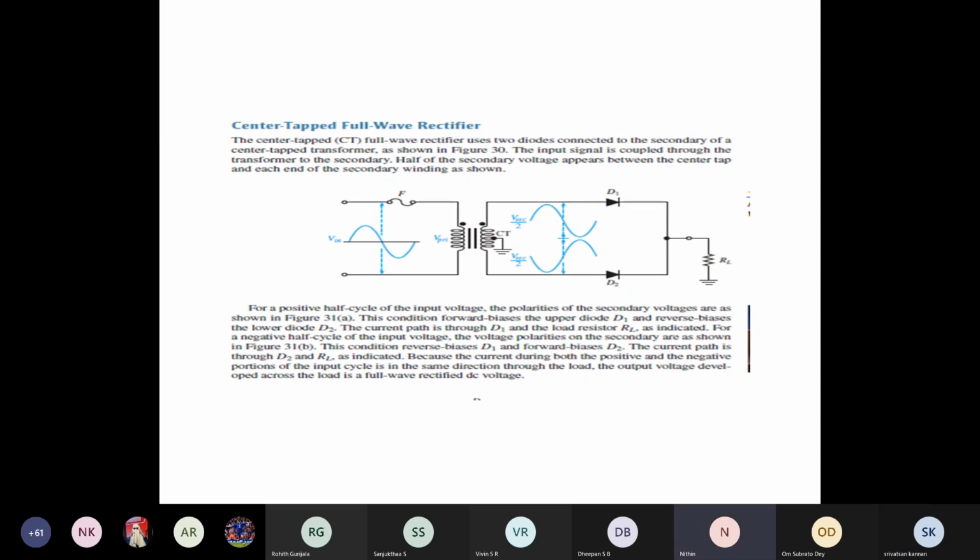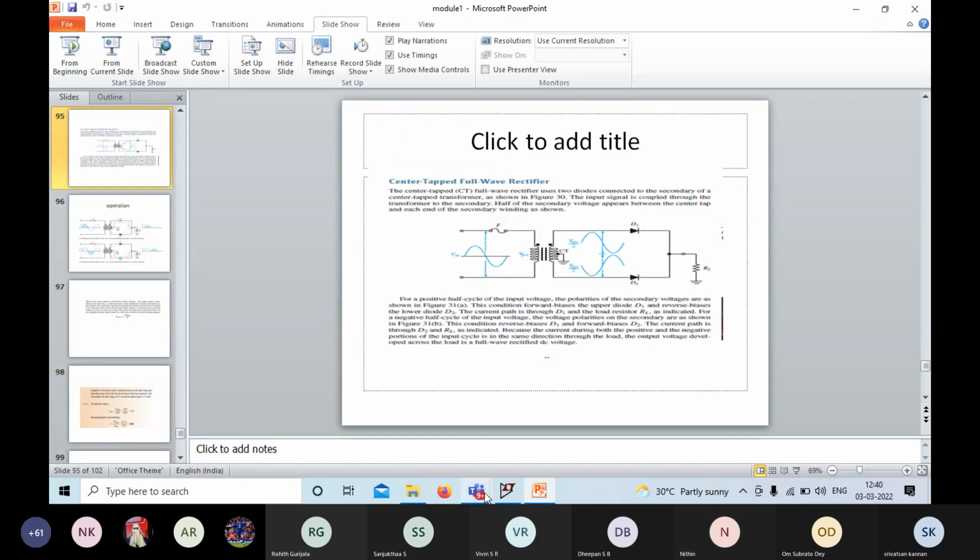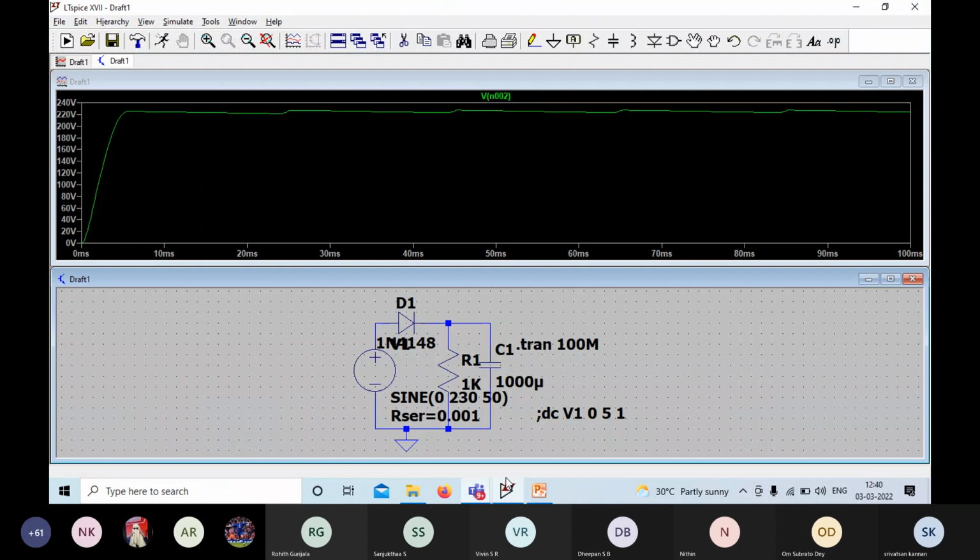Sir, can you show us the previous circuit once? This is the previous circuit. Sir, how did you get that RSER?